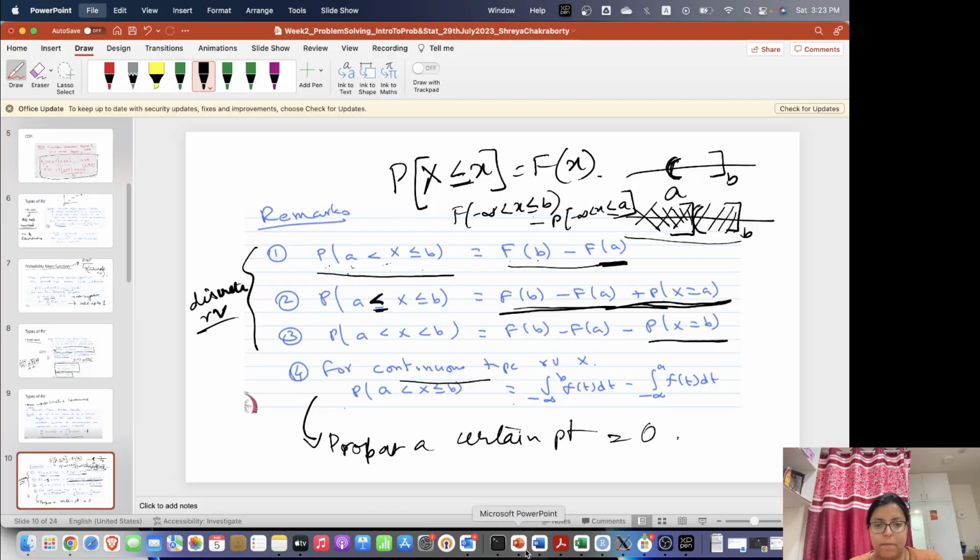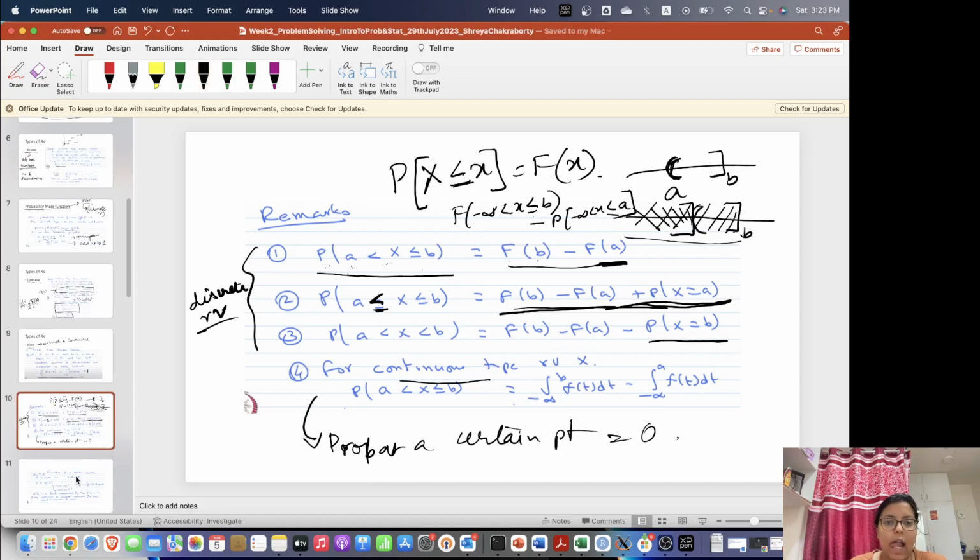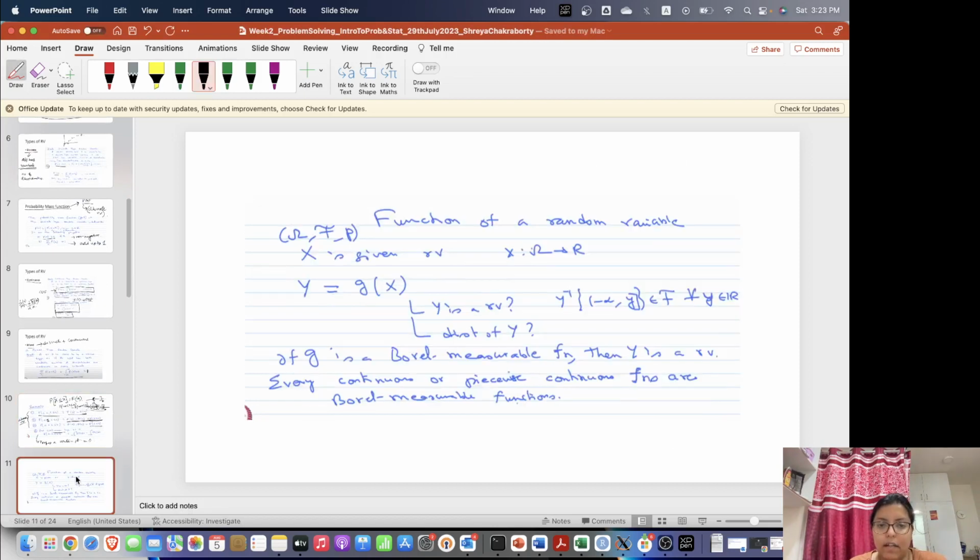Okay, and then we also learned about function of some random variable, where if we know the distribution of X, we can find out the distribution of Y, given that G satisfies some properties, which is G is Borel measurable.